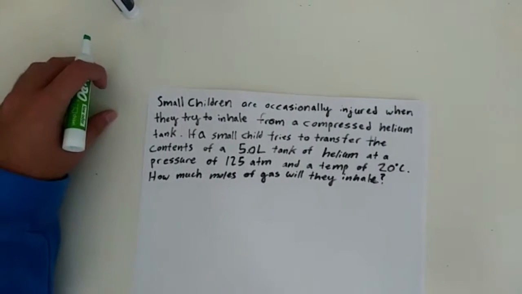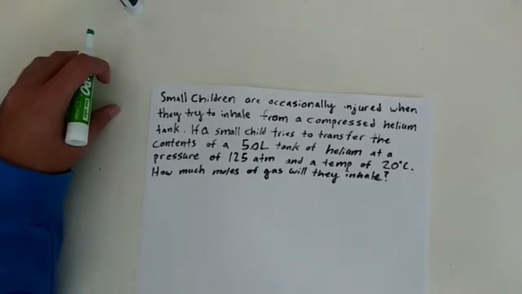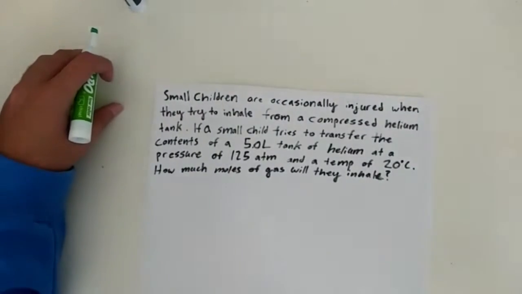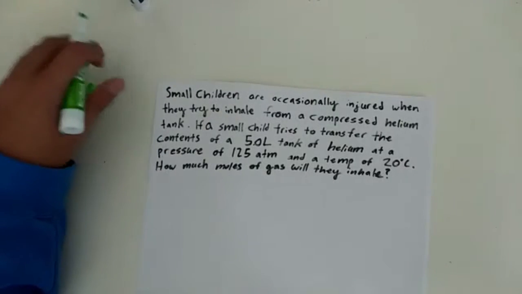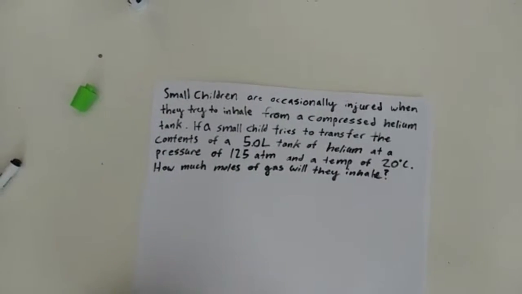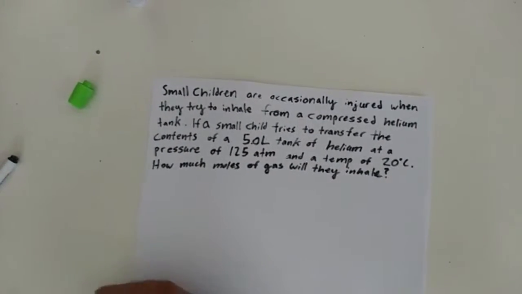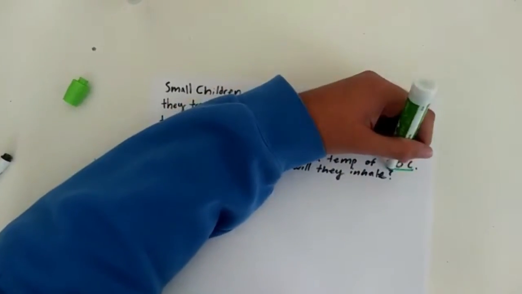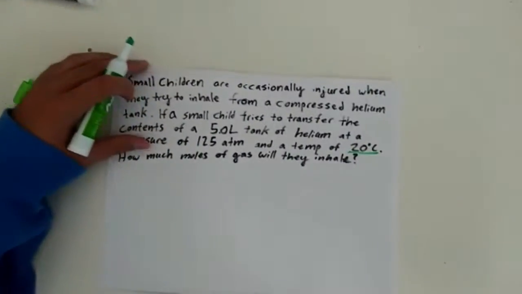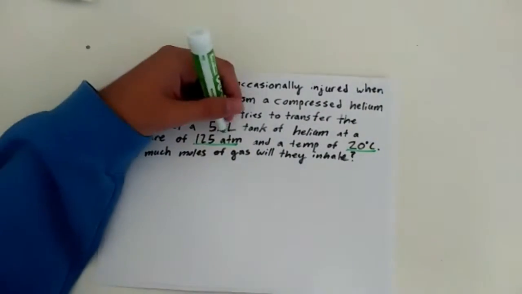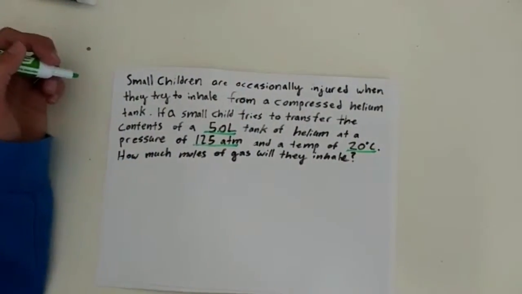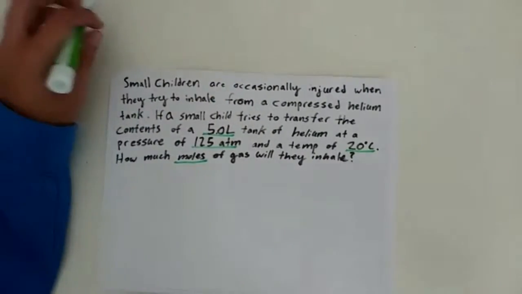If a small child tries to transfer the contents of a 5.0 liter tank of helium at a pressure of 125 atm and a temperature of 20 degrees Celsius, how many moles of gas will they inhale? So we have a temperature of 20 degrees Celsius, we have the pressure of 125, we have 5.0 liters, which is the volume, and it's asking for moles.